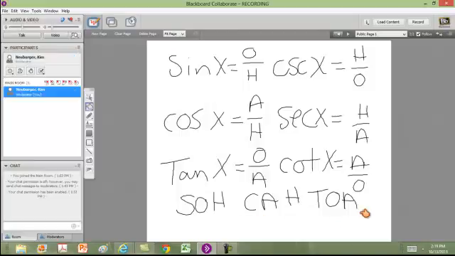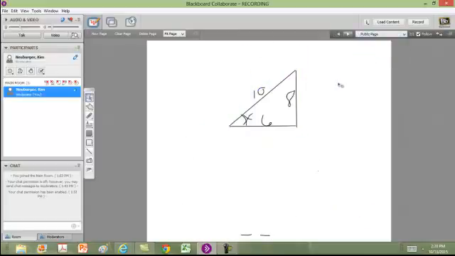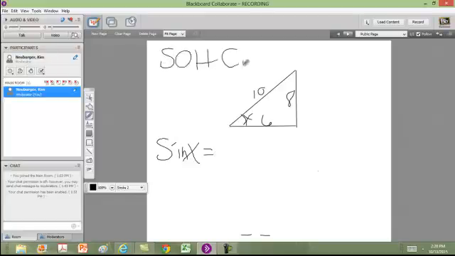Now let's go back to our previous page and we're going to find our sine, cosine, and tangent. If we're finding sine of x, that's going to be using our acronym SOH CAH TOA. We're going to be looking for sine is opposite over hypotenuse.